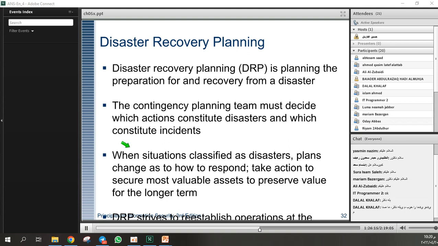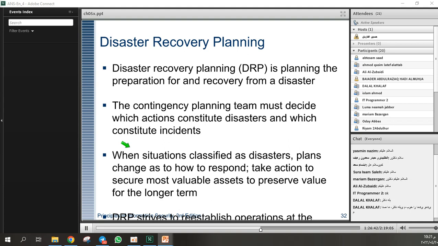So at that time, instead of trying to stop the disaster, I should pick up my valuable assets. Why? I have limited time. I do not have enough time to pick up everything.